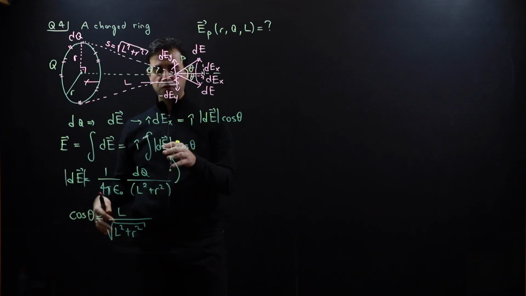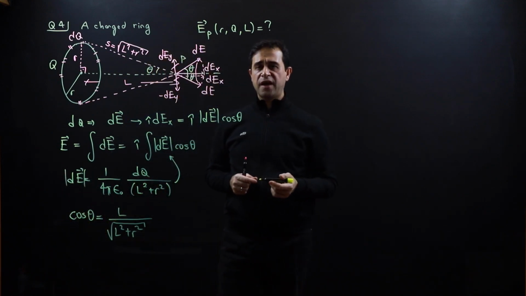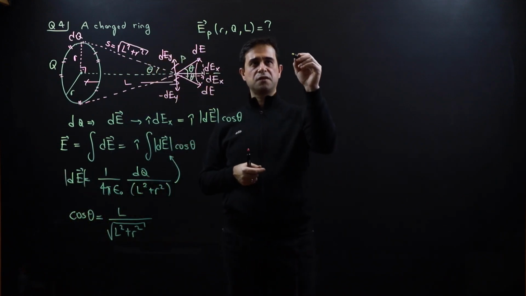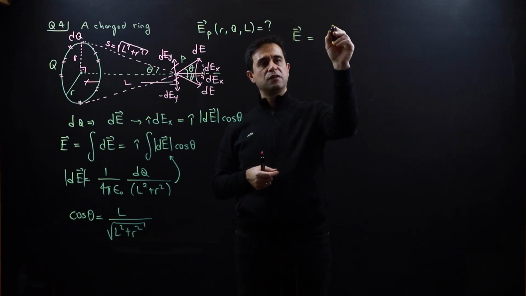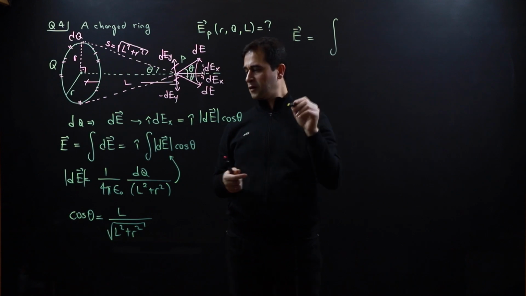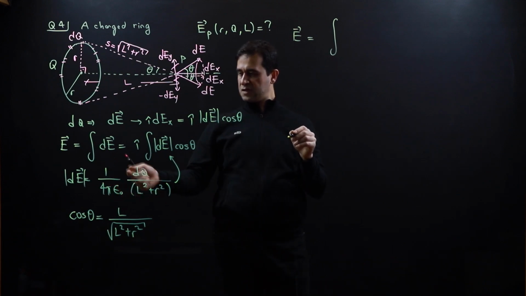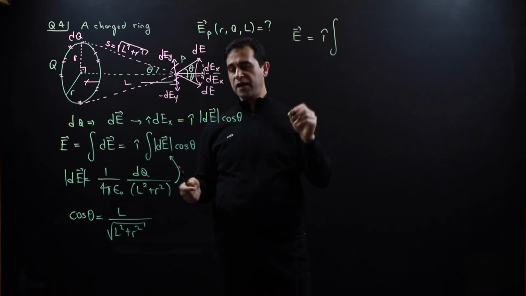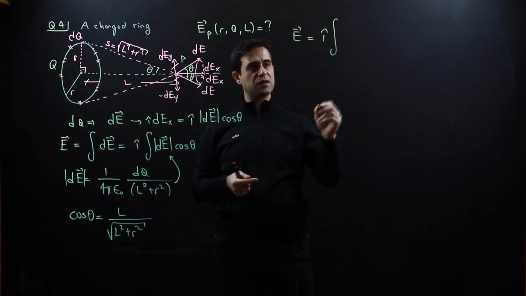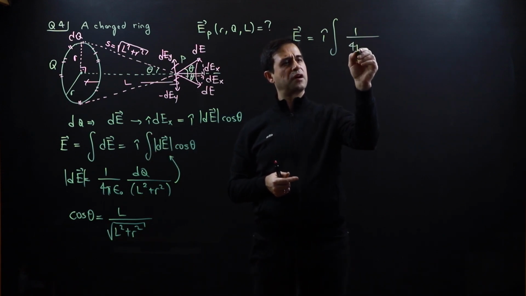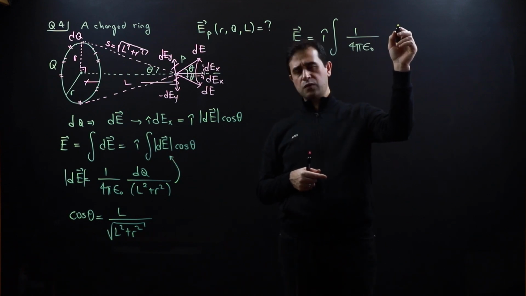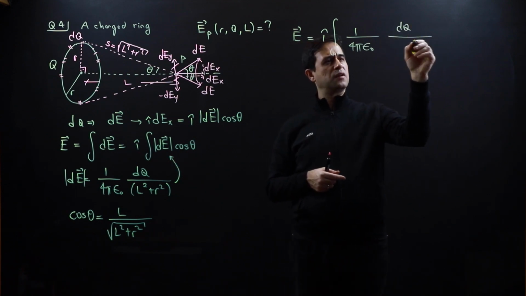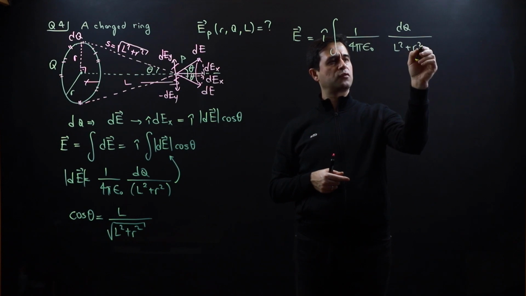So I'm going to put these inside the integral. And, okay, so let's write it down. The electric field is equal to the integral of this thing, which is, and let me put I hat here. We had I hat. Now dE, 1 over 4 pi epsilon 0 dq divided by L squared plus R squared.